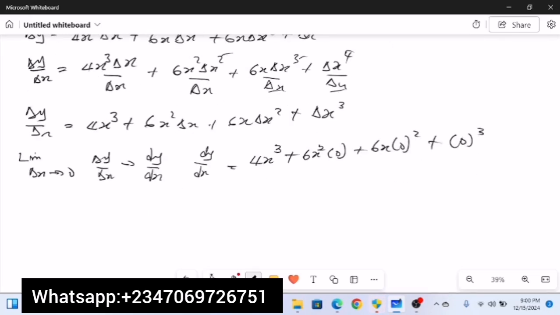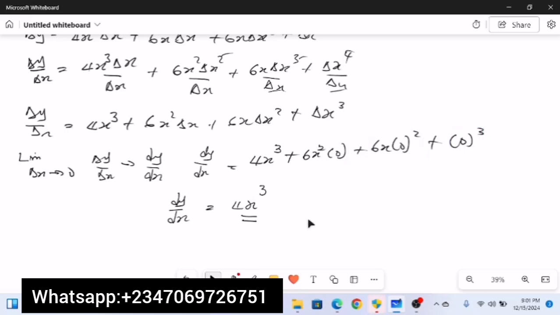Okay, so this simply implies dy all over dx is going to be equal to 4x to the power of 3, because you know that 6x squared times 0 is 0, 6x times 0 is also 0, and of course 0 to the power of 3 is also 0, so I'm left with 4x cubed, and that becomes the answer to that question.